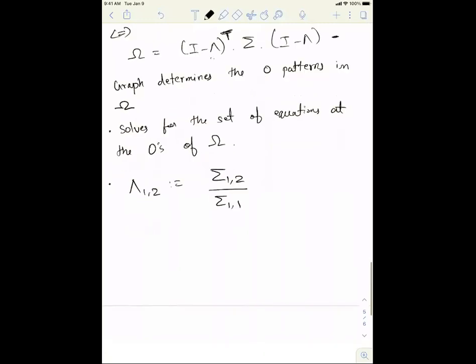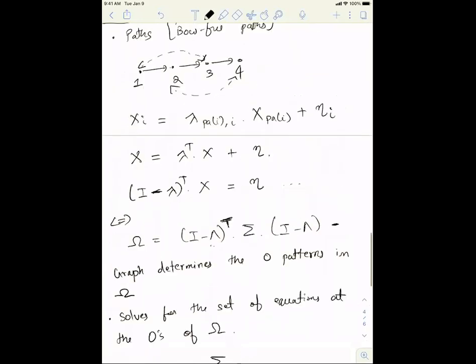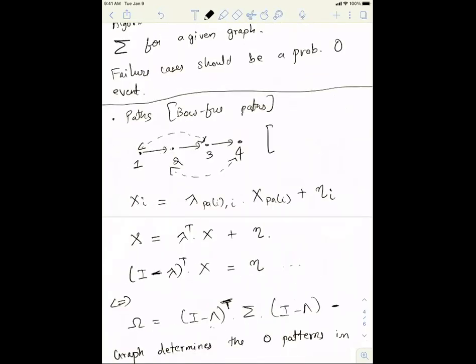From there on, for i greater than or equal to 2, for lambda parent of i comma i: for simplicity, I'll just call the vertices of the order 1, 2, 3, and so on, so I don't have to keep writing parent of i.